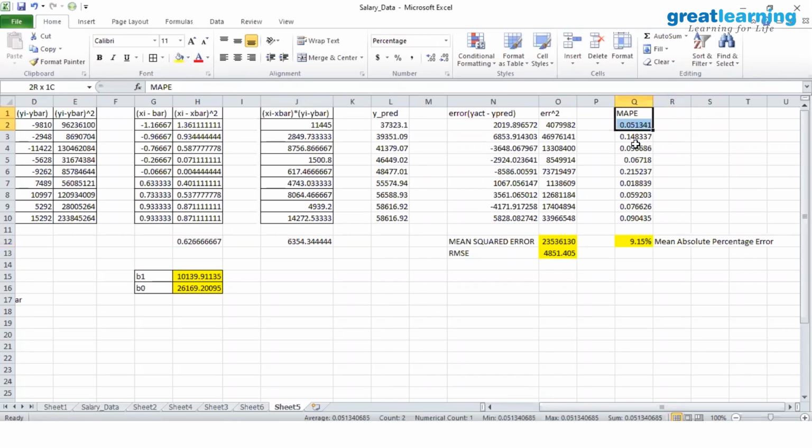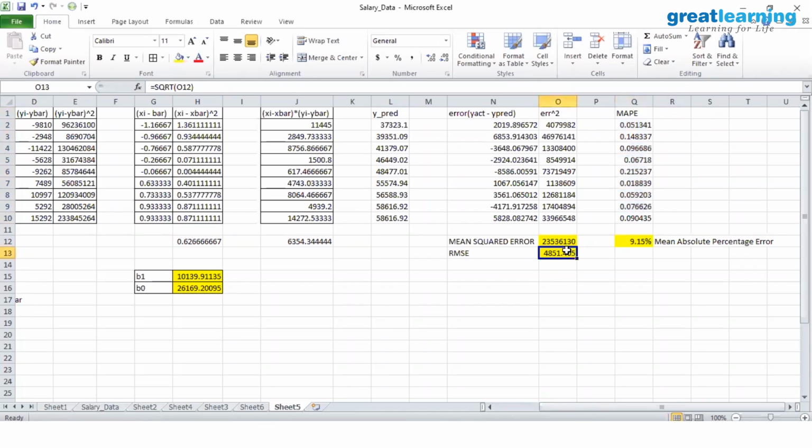So this is a different metric in time series. Throughout the time series session we'll be solving this MAPE. This is a different metric altogether, not MAE, which is mean absolute error. I have taken the percentage, mean absolute percentage error.